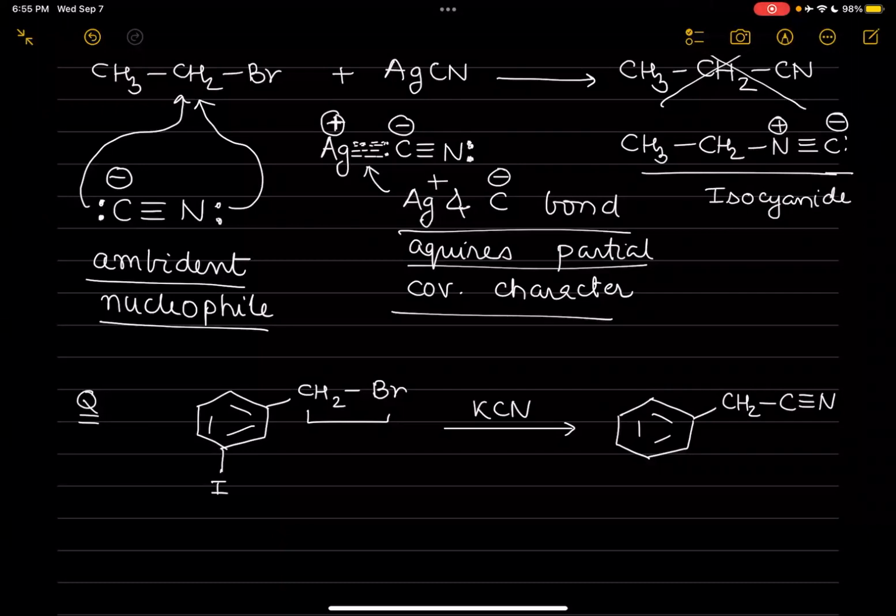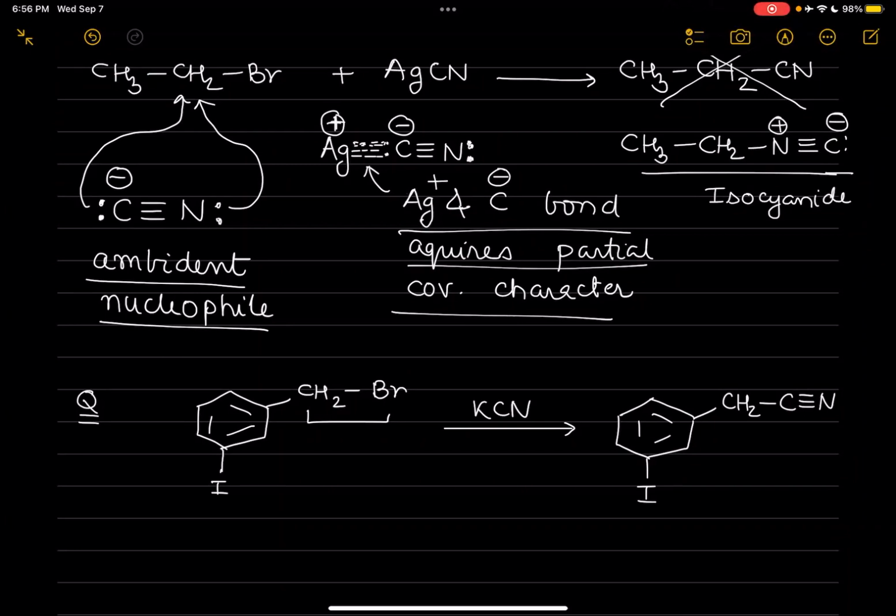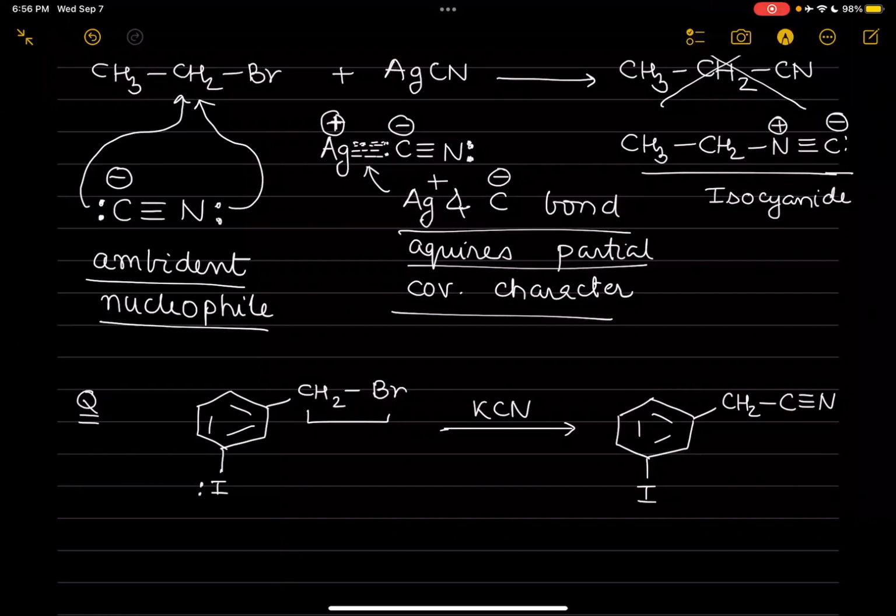Why not iodine? Iodine is stronger, right? It likes to attract itself, right? Yeah, Anushka, what's the reason? Iodine actually has a lone pair and is directly connected to the benzene ring.